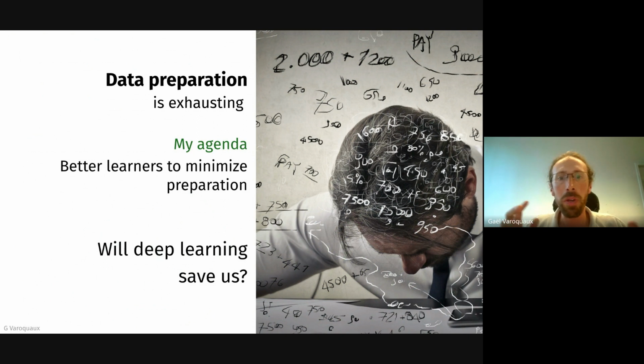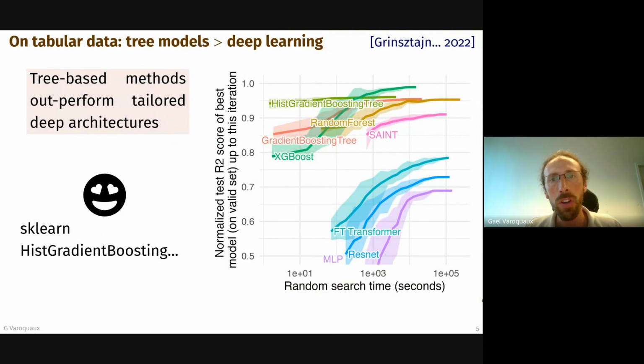Here, when we think less feature engineering, we think deep learning has done this for, for instance, vision. So will it save us with the kind of data we have? A few years ago, we ran a benchmark on the latest, at least back then, deep learning methods.